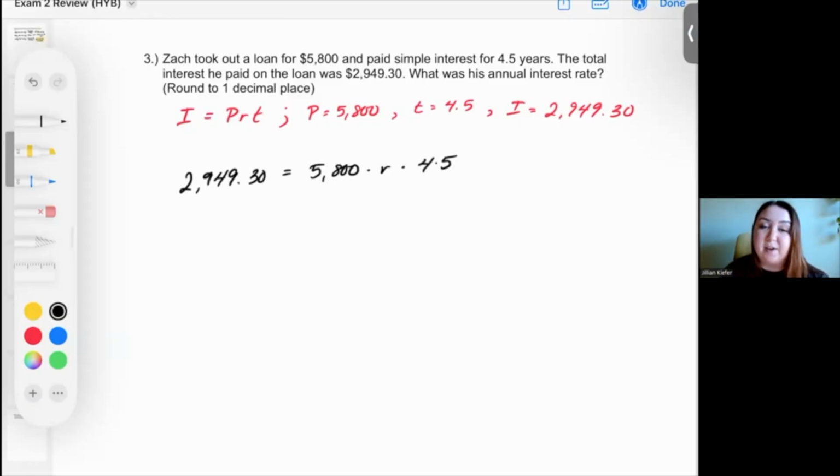We're trying to find R, and R is being multiplied by 5,800 and 4.5. So we can divide both sides by 5,800 times 4.5 to solve our equation for R.